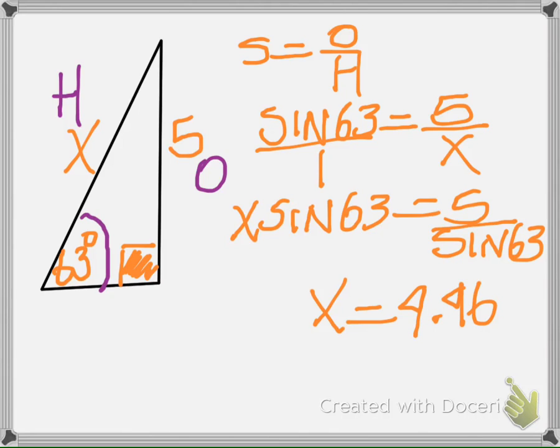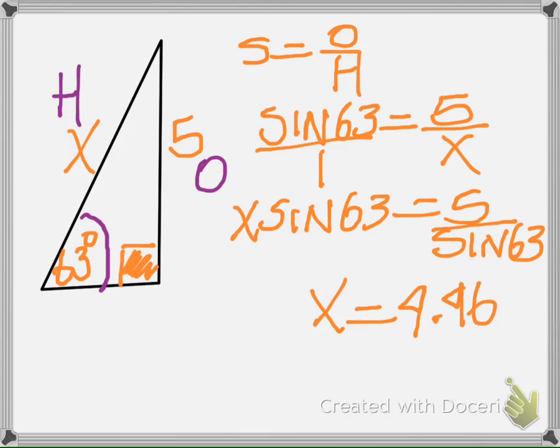Okay, this is the answer that I got, and I want you to check if the answer is feasible. So x represents the hypotenuse, and we know that one leg is 5. Of course, there is an error. That cannot be correct. The hypotenuse is the longest side, so it should be higher than 5.